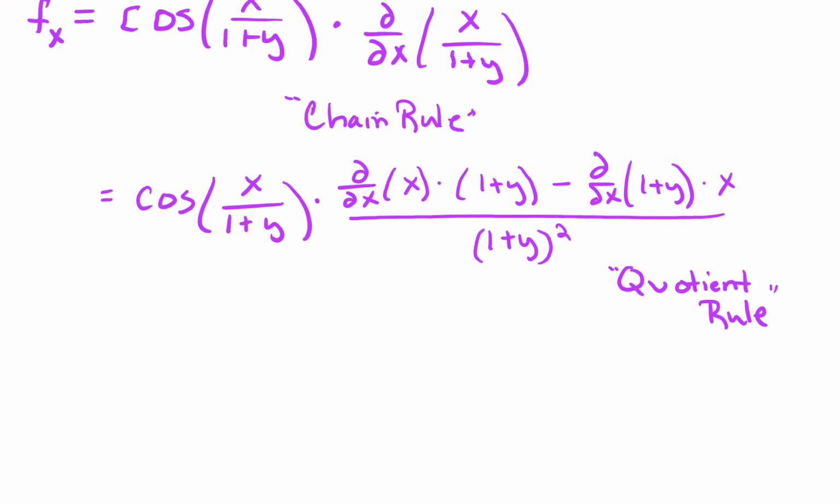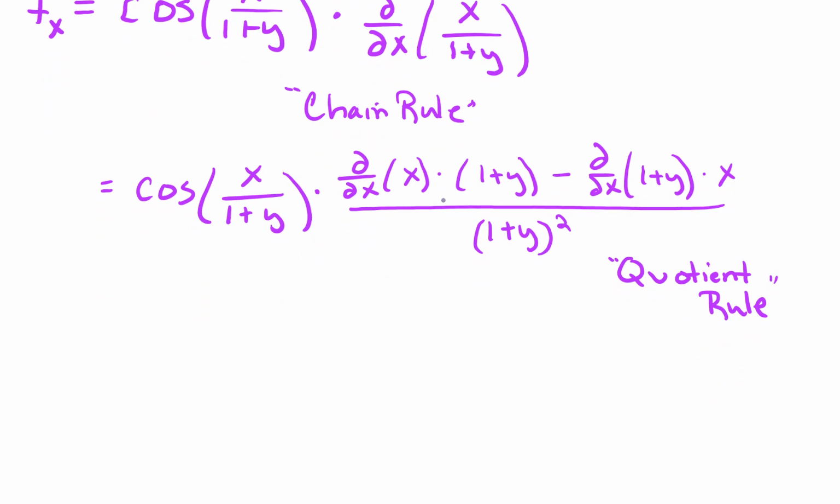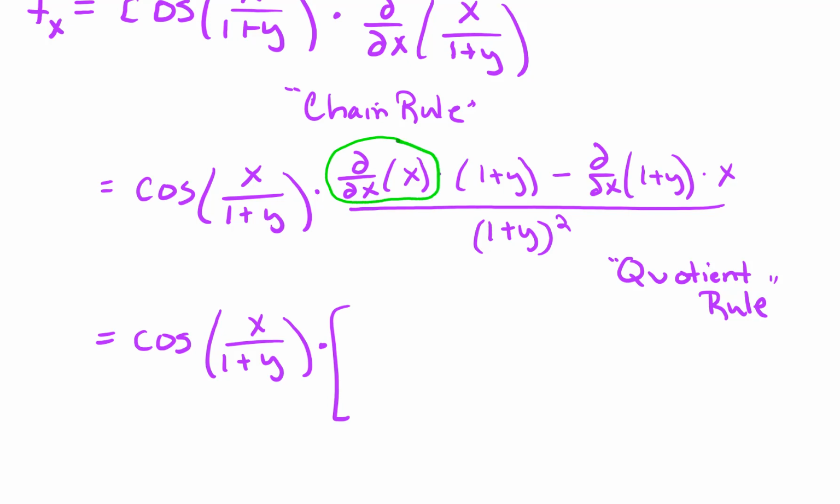Let's clean this up and actually go in and take those derivatives. So we have cosine of x over 1 plus y. That didn't change from any of these lines up above. And now we've got a lot of work to do here. The derivative with respect to x of x is just 1, right? I'm going to circle that just so we know where that came from.